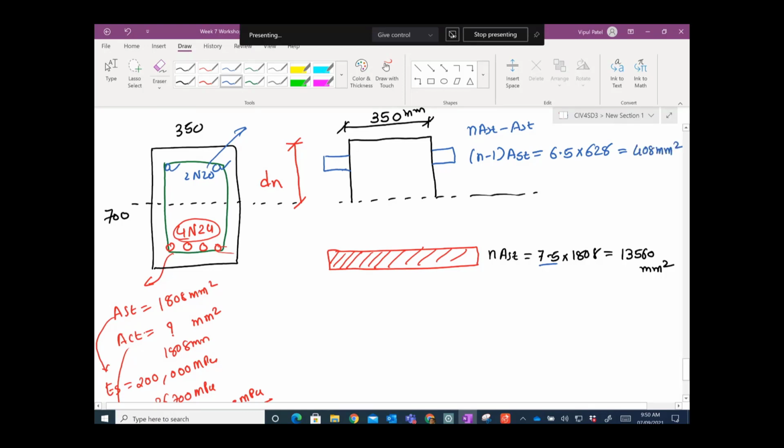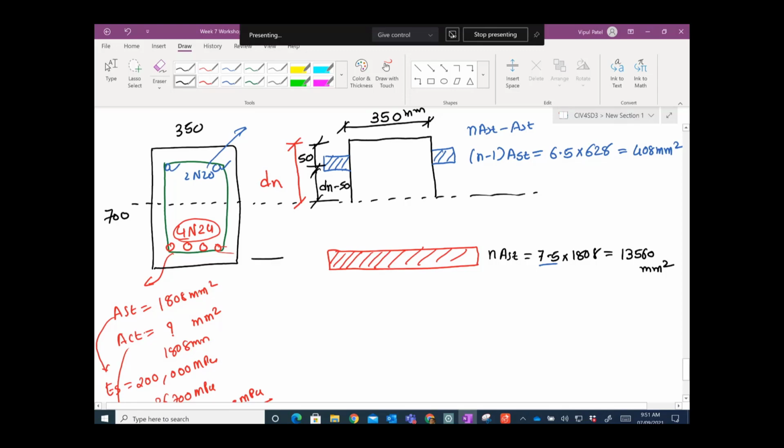So we have everything in concrete now. That means you have this steel converted into concrete, and those steel are also converted into concrete, and this position is 50 from here. This position is 50. So this distance would be dn take away 50.